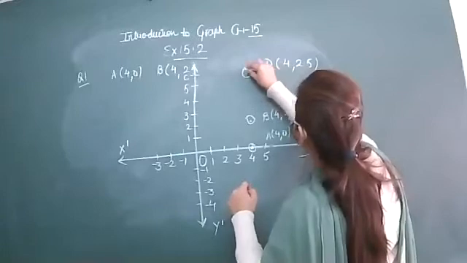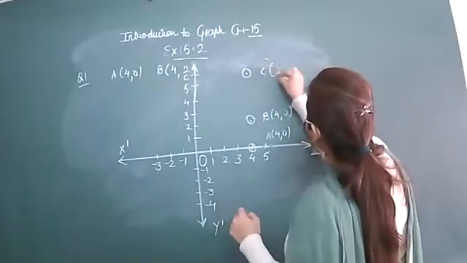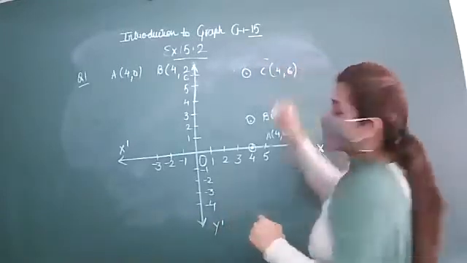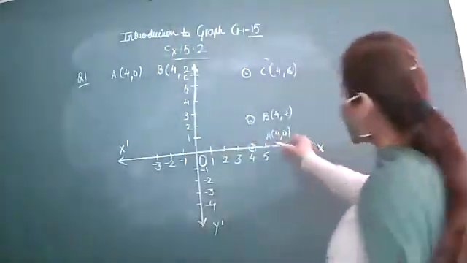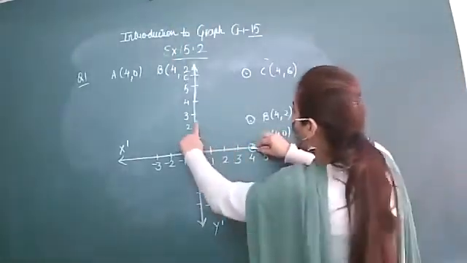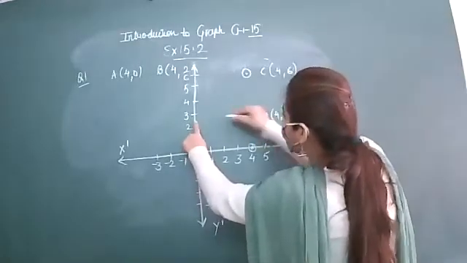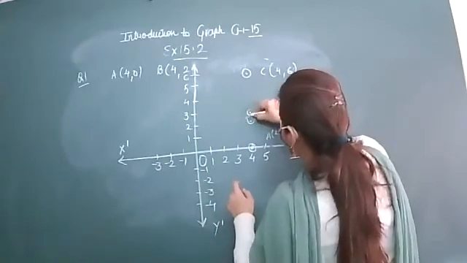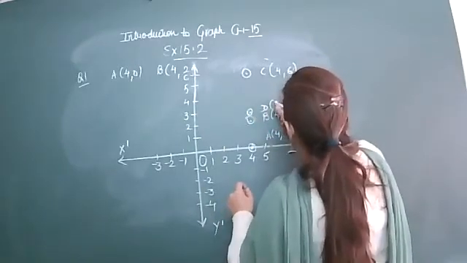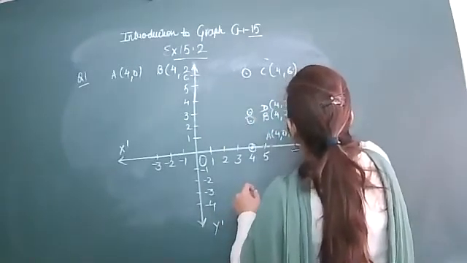So, this is your C point, C (4, 6). Next is (4, 2.5). So x is 4 and y is 2.5. So surely 2.5 will lie between these two, 2 and 3. So this is your (4, 2.5).